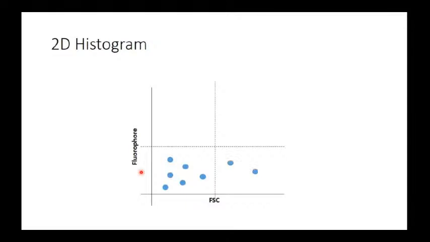When the cell appears here, it is not expressing the protein, but it's a big cell because it has high forward scattered light. When the cell appears here, it's expressing the protein, but it's a small cell. And when the cell appears on the upper right quadrant, the cell is big and expressing the protein. This is what we call the two-dimensional histogram. I can combine two data together and get something like this.